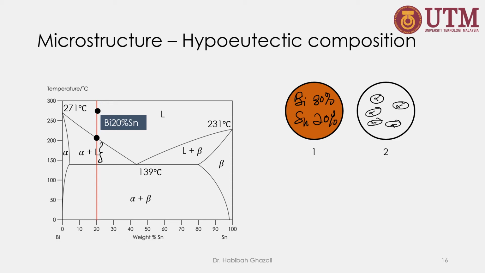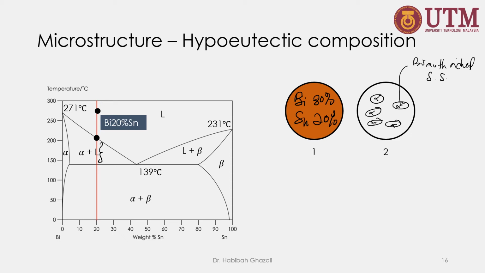And we know that alpha solid solution is a bismuth-rich solid solution. So in our liquid, there will now be more depletion of bismuth compared to depletion of tin.